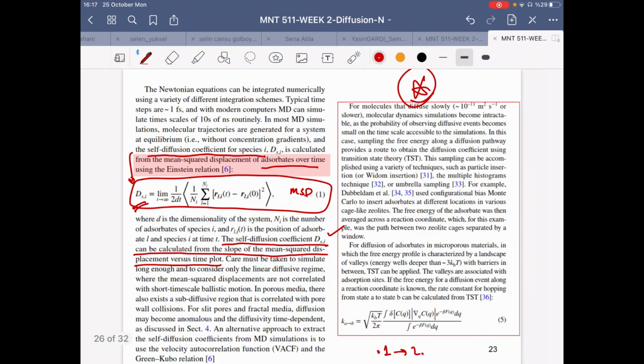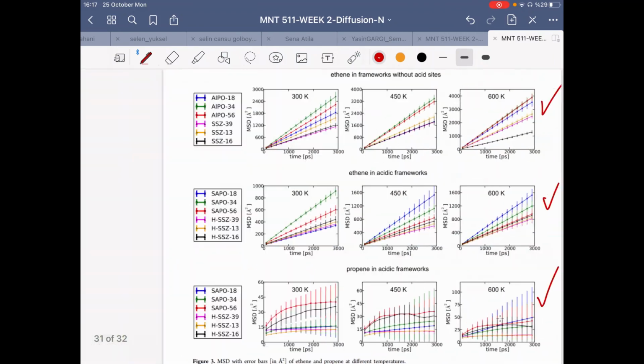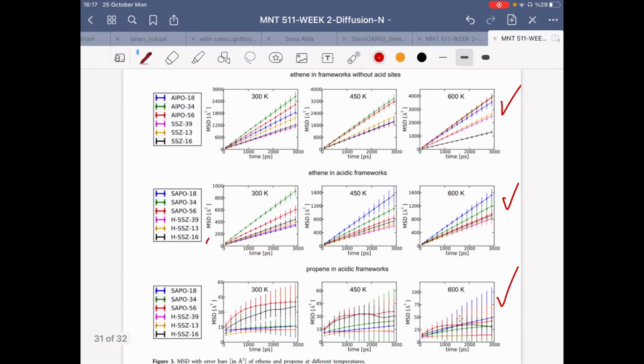The self-diffusion coefficient can be calculated from the slope of MSD versus time, and this is what it looks like at the end. This is time, and this is the MSD result for different frameworks. So this is a very good, genius way to measure these self-diffusivities.